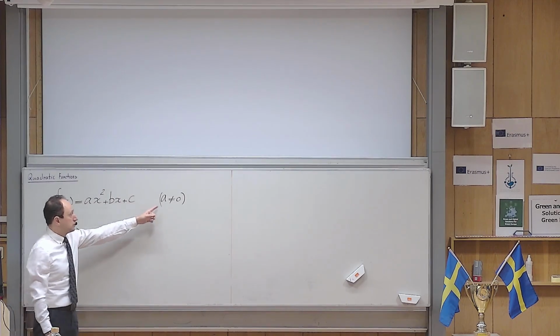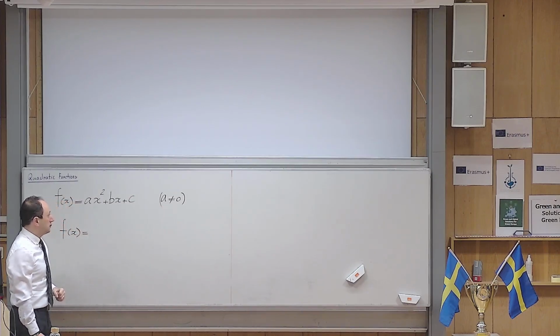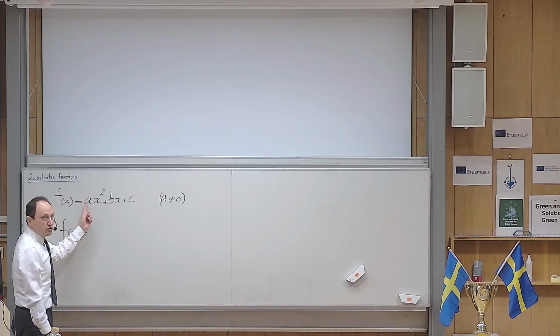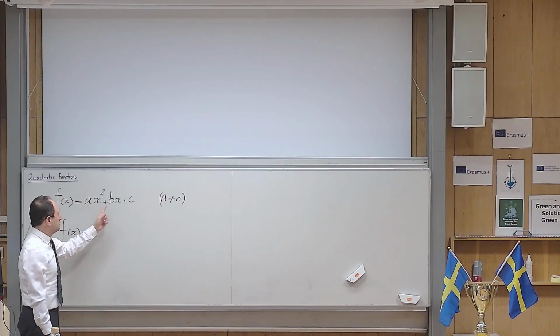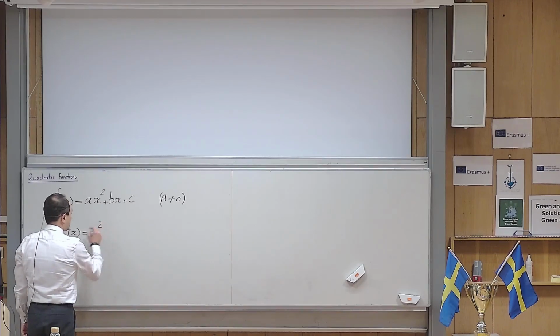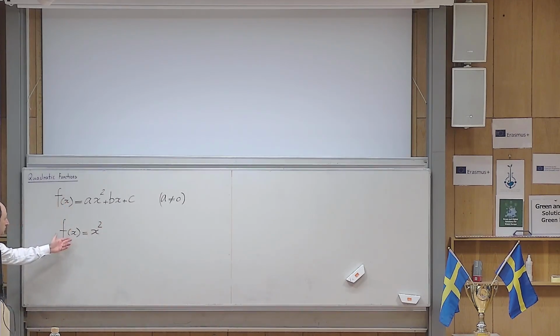Of course, a shouldn't be 0. But if I ask you to find the simplest possible quadratic function, can you imagine? Yes? X squared? Yes, x squared. In that case, you choose a to be 1, b 0, c 0. Then it gives you f of x is equal to x squared. Let us start from the simplest possible case.